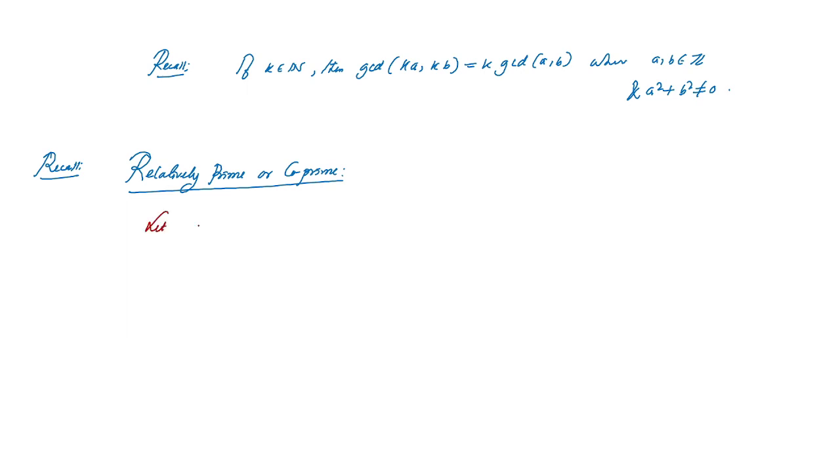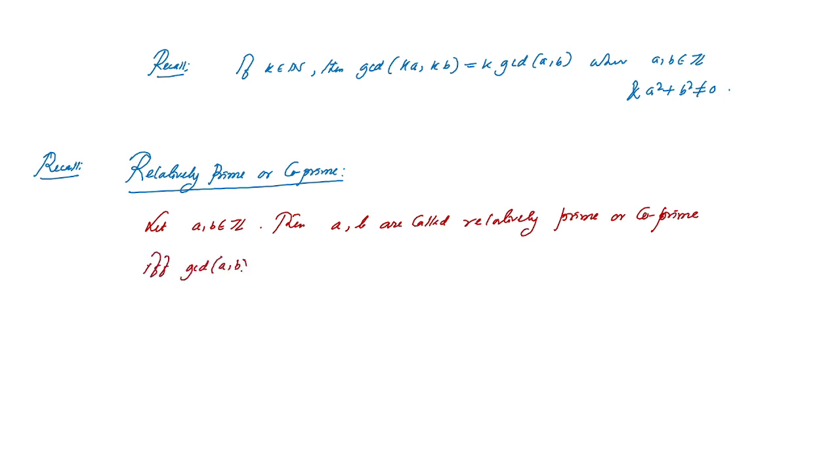Let a, b belong to Z. Then a, b are called relatively prime to each other, or co-prime, if and only if GCD of a, b equals 1.